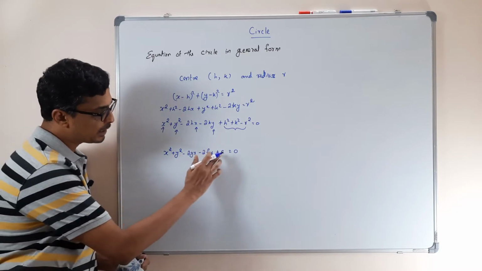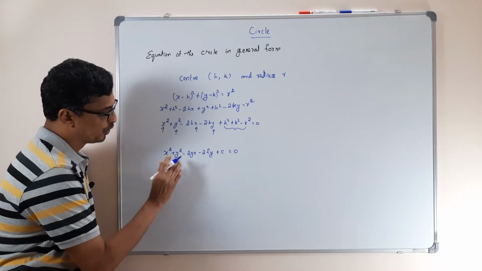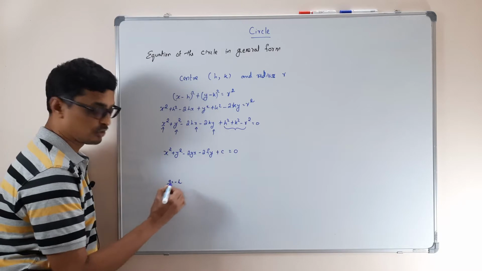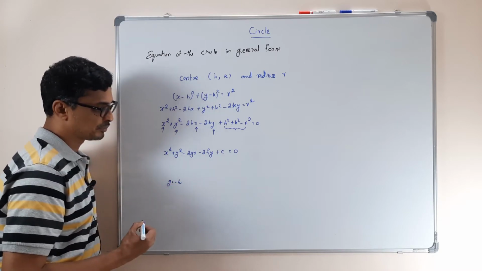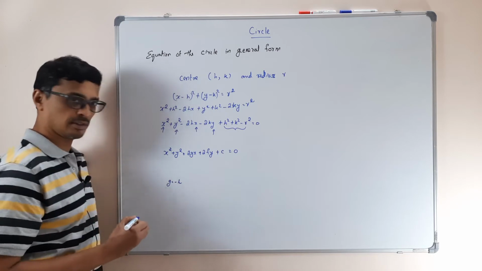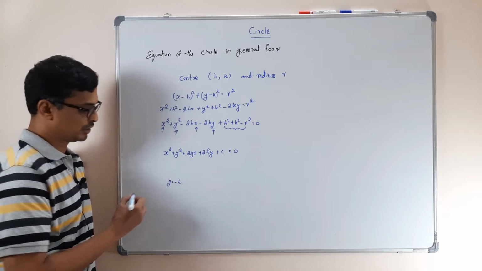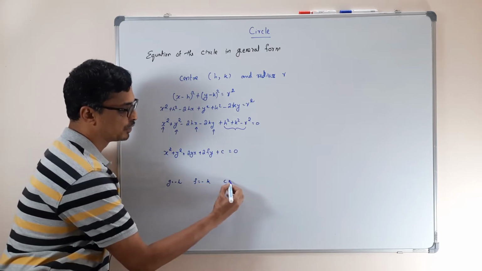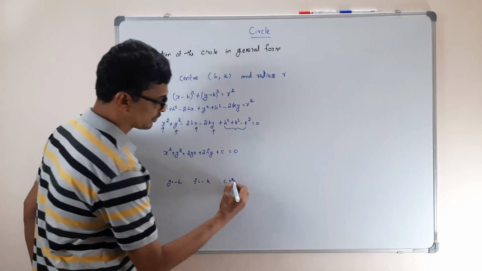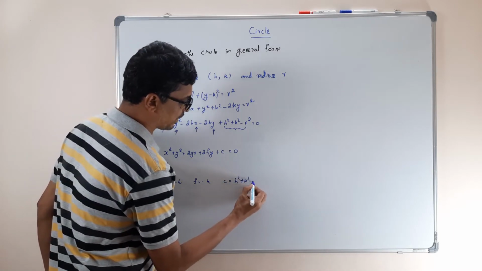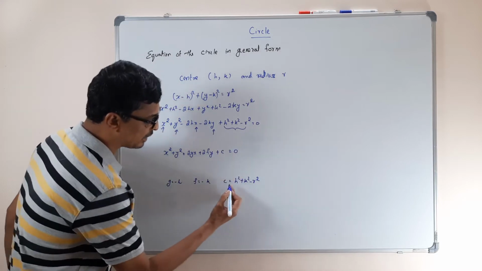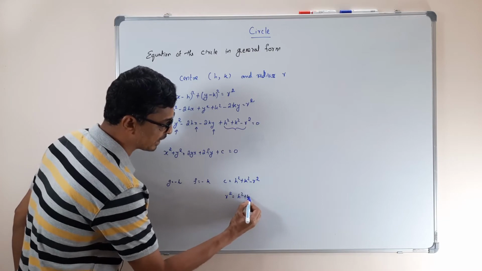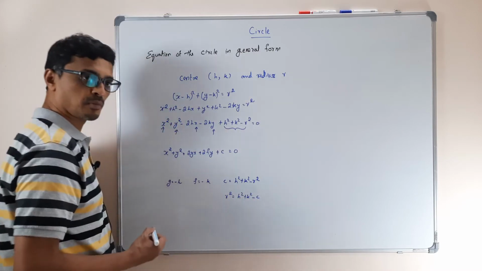Now, if you compare term by term, g will be equal to what? Minus h. Sorry, let us write it as plus: g equal to minus h, f is equal to minus k, and c is equal to h square plus k square minus r square, correct? Or if I write, r square should be equal to h square plus k square minus c, correct?